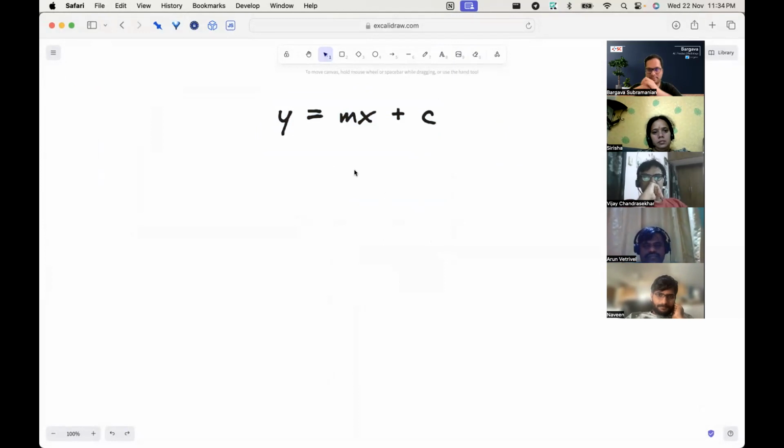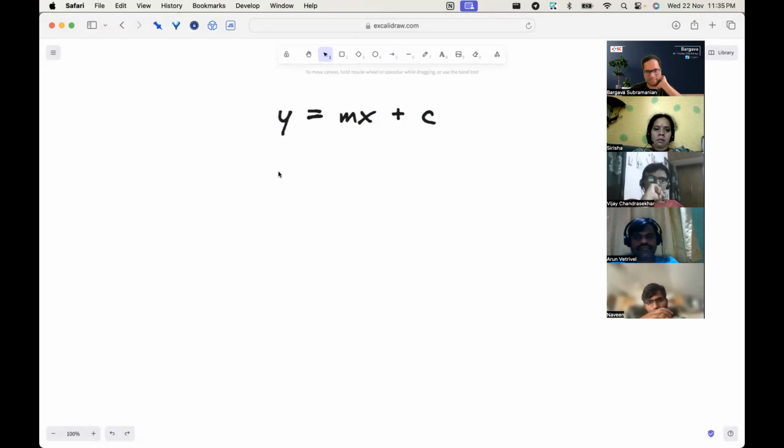You've already figured out that this is the hypothesis, correct? I've already defined this is my hypothesis. Let's start with this hypothesis, and build over it. I'll run a linear regression algorithm.